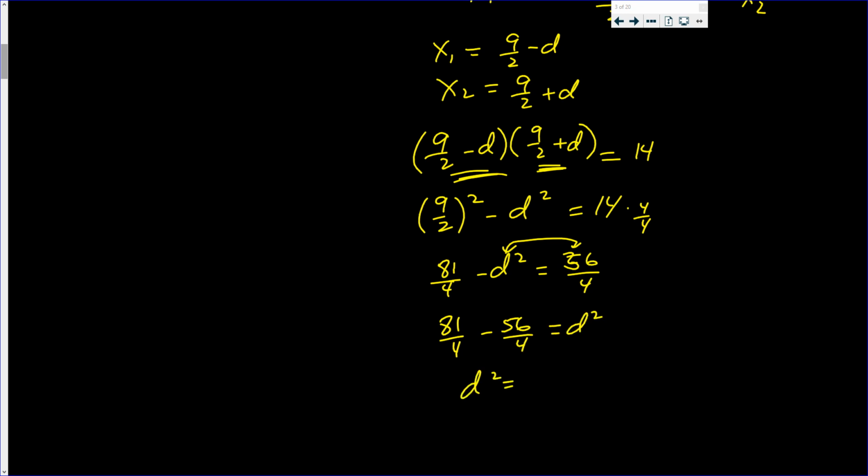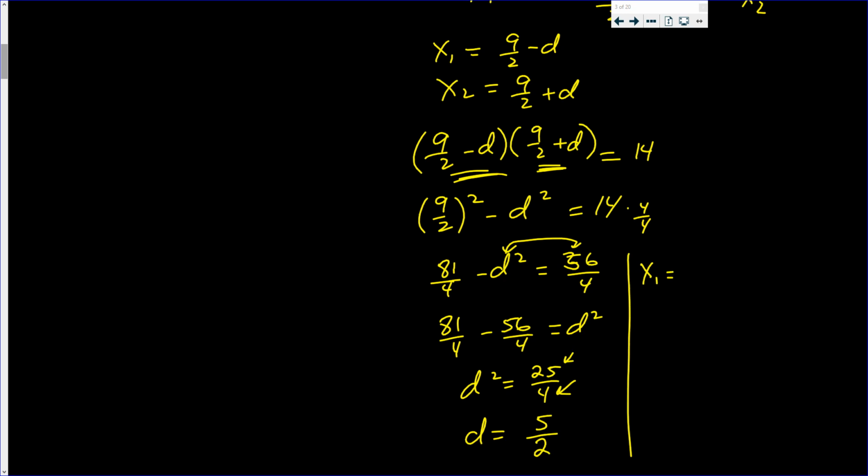So d squared is, looks to me like 25 over 4. Now d was defined to be distance. So we're not going to have plus minus. d is always positive. So d would be the square root of 25, which I like to write that way, divided by the square root of 4, which is 2. So now we're done.